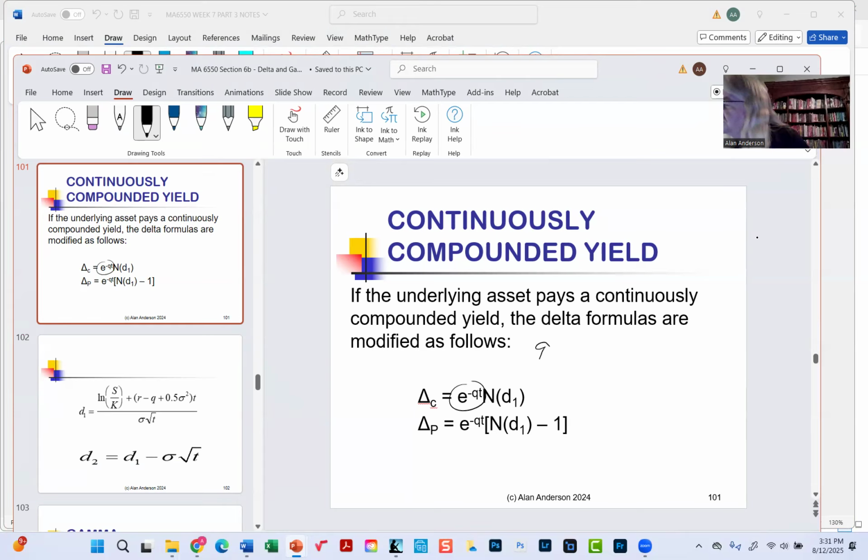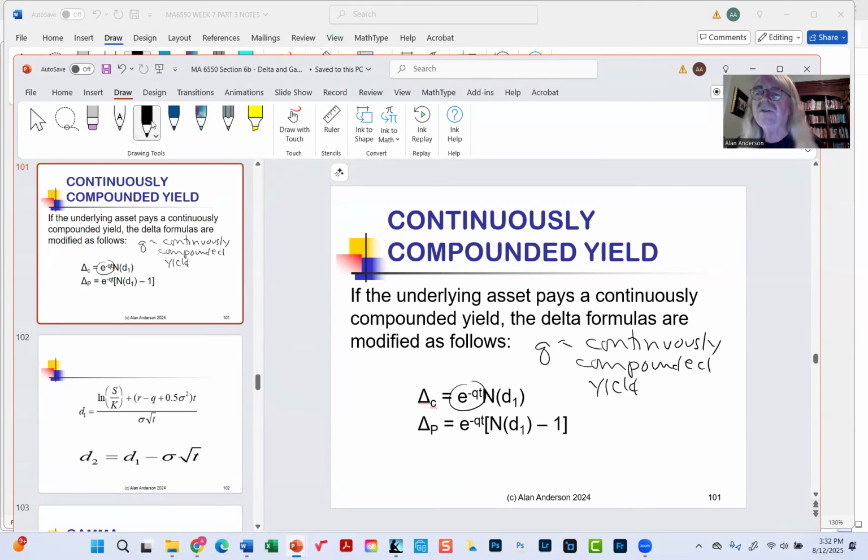The q is the continuously compounded yield of the underlying asset, whatever it happens to be. If this is a non-dividend paying stock, then q is just 0, and it reduces to the original Black-Scholes formula. So q is the continuously compounded yield of the asset S.